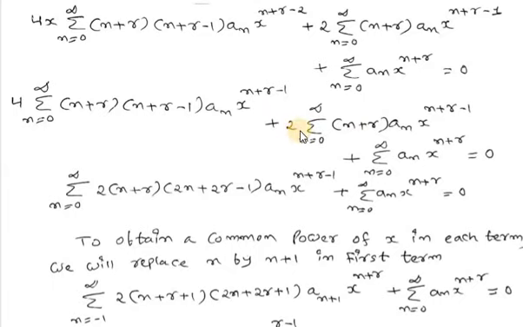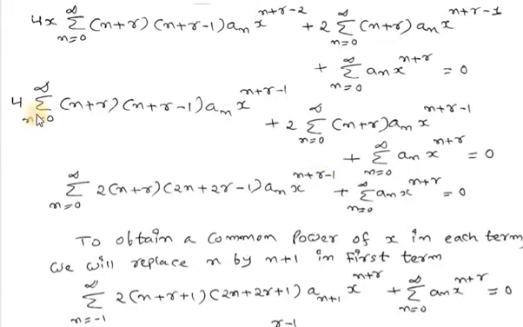We can take 2 common also, right? So sigma n equals 0 to infinity will be as it is, (n+r), then a_n and x^(n+r-1) common.